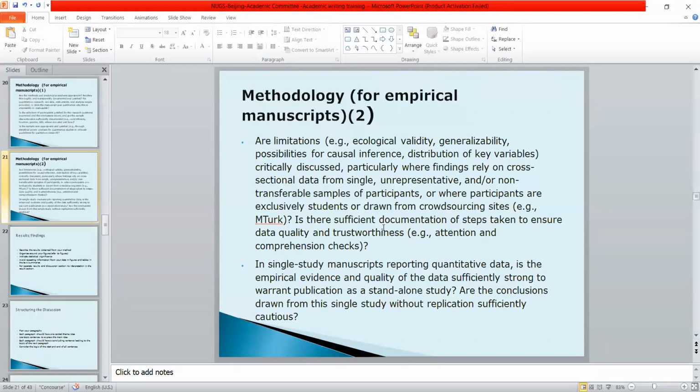In a single study, for manuscripts reporting quantitative data, is the empirical evidence and the quality of the data sufficient to warrant your publication? Some of us use just 2 or 3 human beings for research. There must be justification why, and literature to support why you are using only 2 people for your research. Other than that, it cannot be considered. So there must always be justification for every step that you take, especially under the methodology.